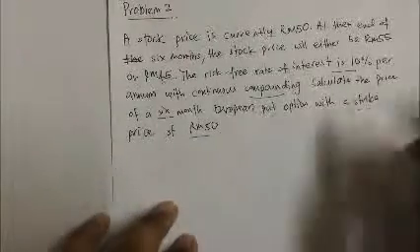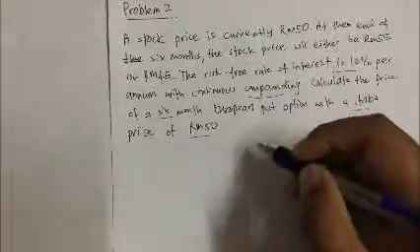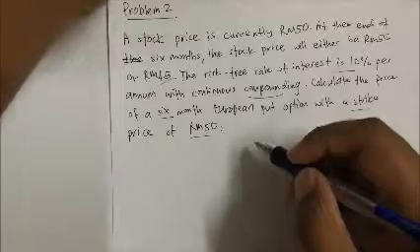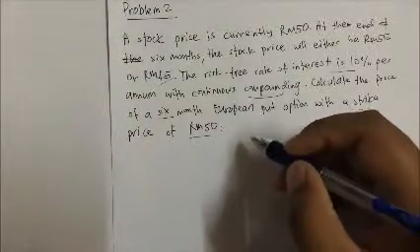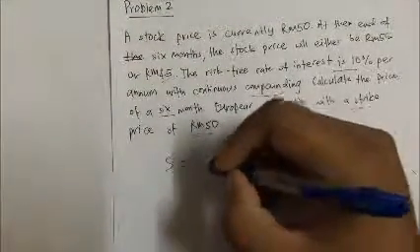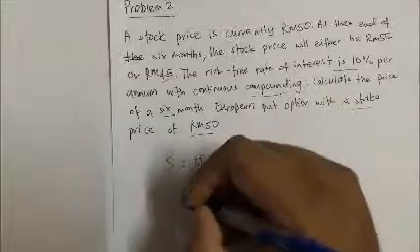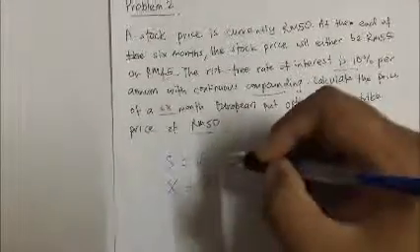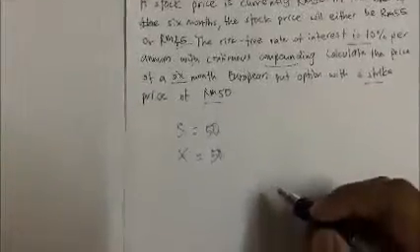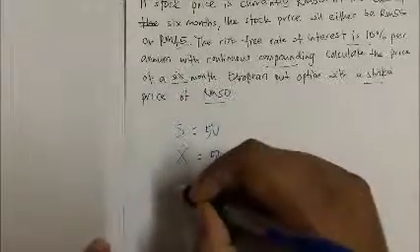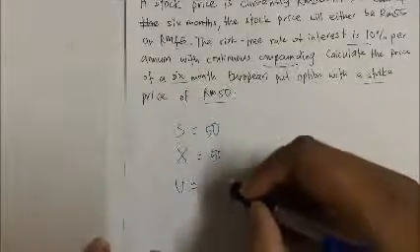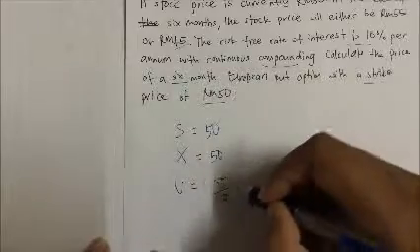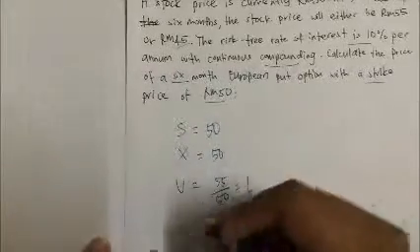So the first step is to list down all the information given. We have the stock price of 50 ringgit. The strike price is also 50 ringgit. The up magnitude is 55 over 50, which is 1.1.